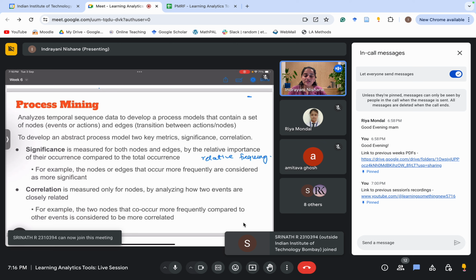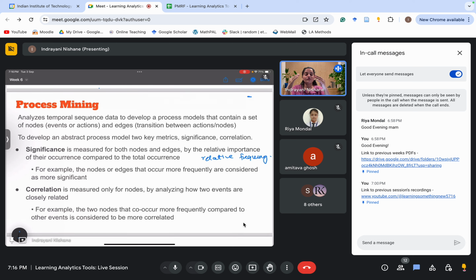where the most frequent action is considered as 1. We will count the frequency of every action, and we will divide that frequency by the count of the most frequent action. So if there are three different actions of read, write, and quiz, and read has happened some 12 times, write has happened 3 times, and quiz has happened 4 times, which is the most frequent action here?